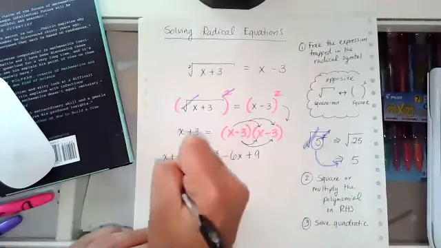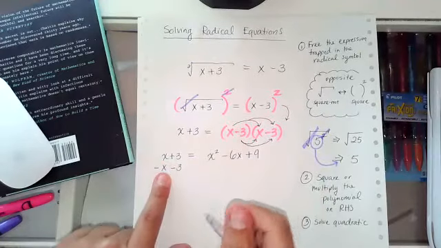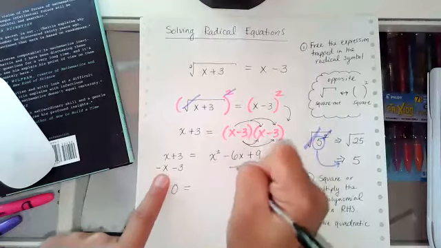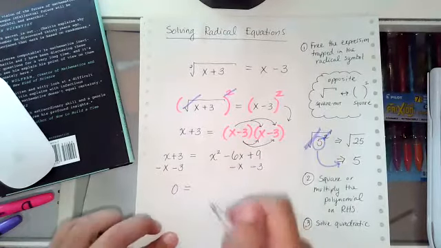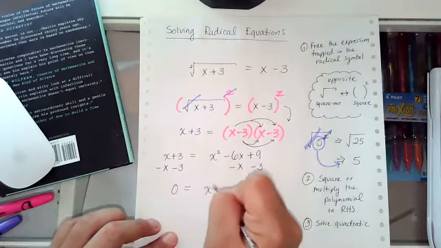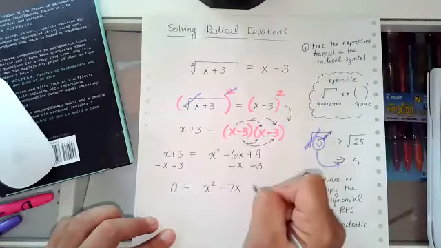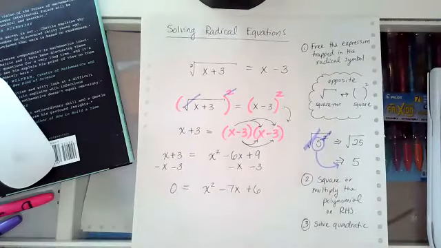What I can do is subtract this x and subtract this 3 from the left-hand side. So I'll have 0 is equal to, and I'm going to subtract the x here and subtract the 3 here, so that now I have x squared minus 7x, and then this will be plus 6.